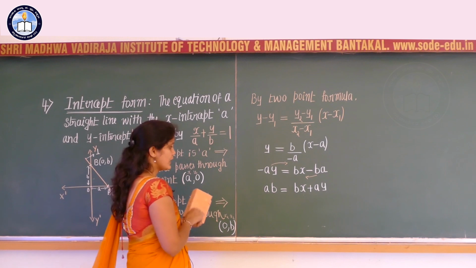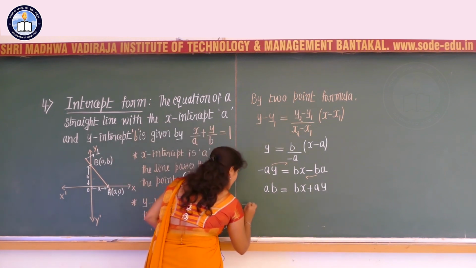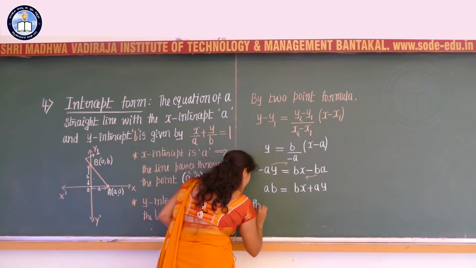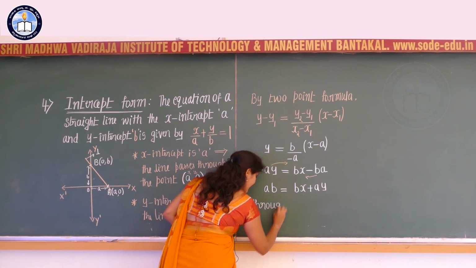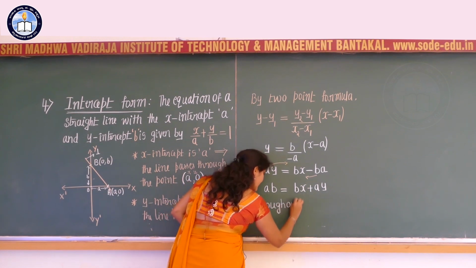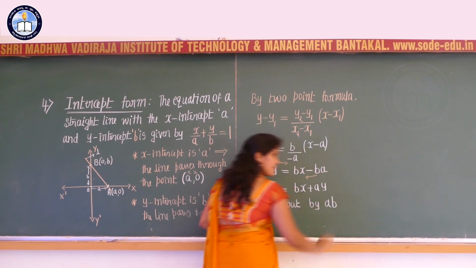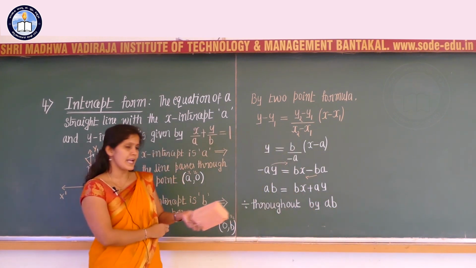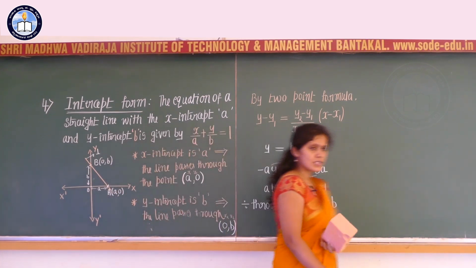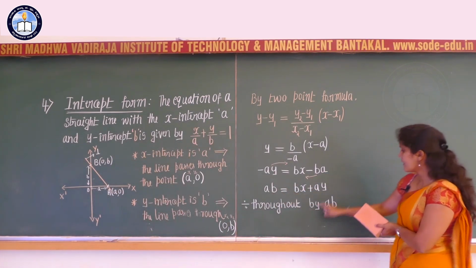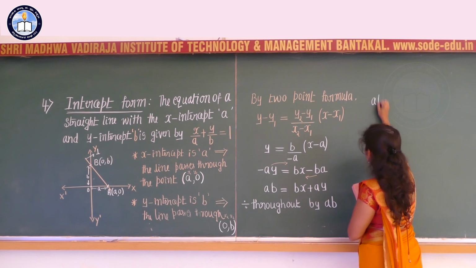Next step, I will divide throughout the equation by a into b. Dividing throughout by ab gives ab divided by ab, which you can directly write as 1.